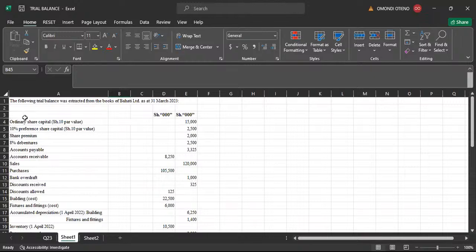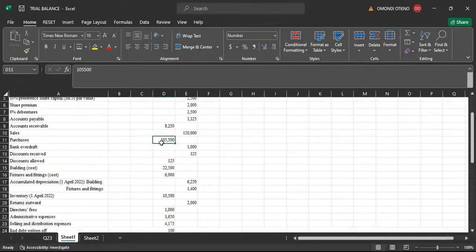The following trial balance was extracted from the books of Bahati Limited as at 31st of March 2023. So we have ordinary share capital, 10% preference share capital, then share premium, 8% debentures, accounts payable, accounts receivable, sales, purchases.